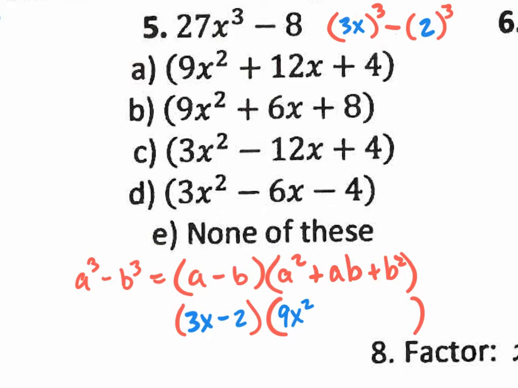What is 3x times 2? 6x, right? So let's put plus 6x. And last but not least, b in parentheses squared. What is 2 in parentheses squared? 4. So there's our answer. Which one's the correct multiple choice answer? None of these in this case.